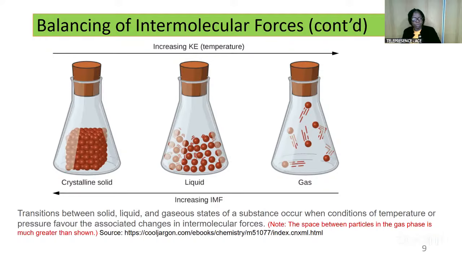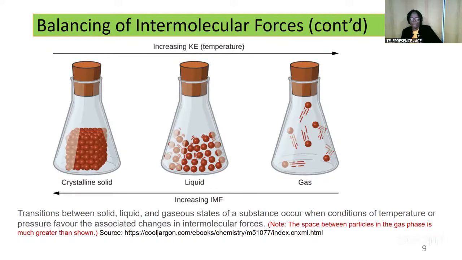So transition between solid, liquid, and gaseous state of a substance occur when conditions of temperature or pressure, that is another factor we can mention too, temperature or pressure, favor the associated changes in intermolecular forces. So that is very crucial. And I put a footnote here that the space between the particles in the gas phase is much greater than what is shown.